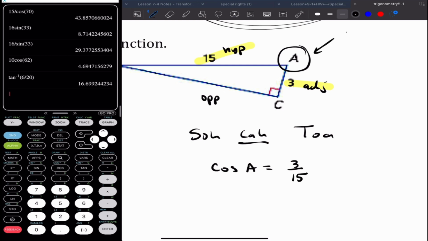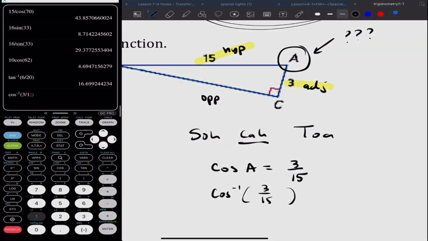Again, I need to figure out how long measure angle A is. So I got to undo the trig function, and in order for me to do that, I got to press second, then the function that I'm dealing with, which is cosine. So you have cosine inverse, and you're going to input the ratio inside.